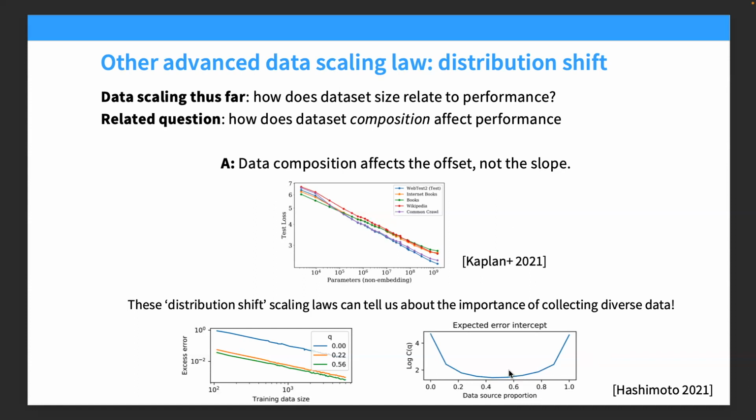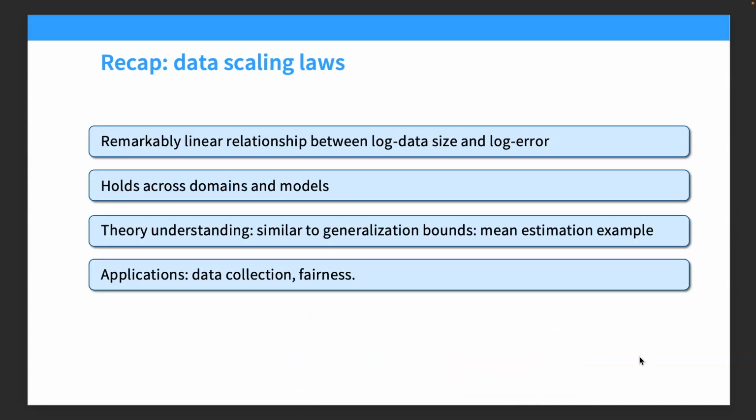It's interesting to see how they relate the intuitive discovery to the scaling laws for predicting performance. We see that there's a linear relationship between the data size and the error in the log scale. And it actually holds across different domains and models.